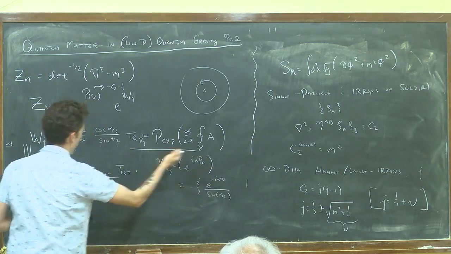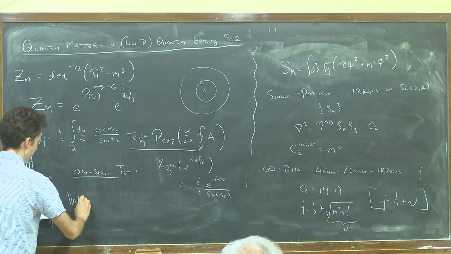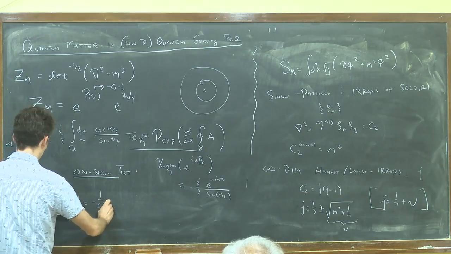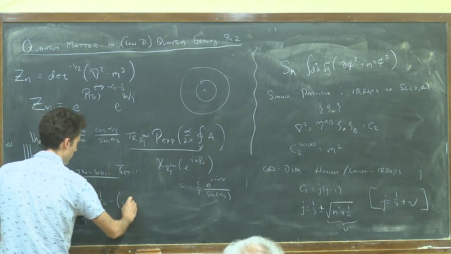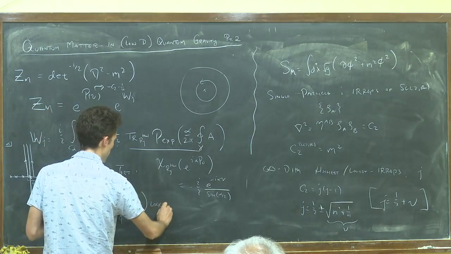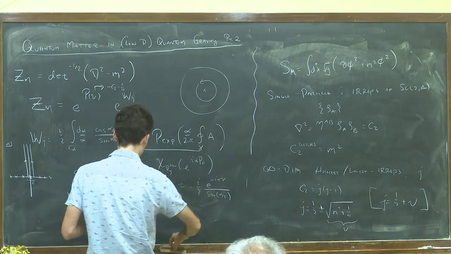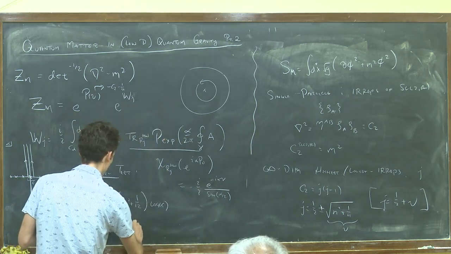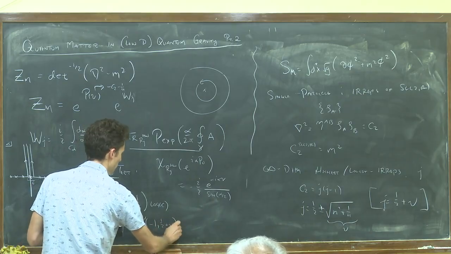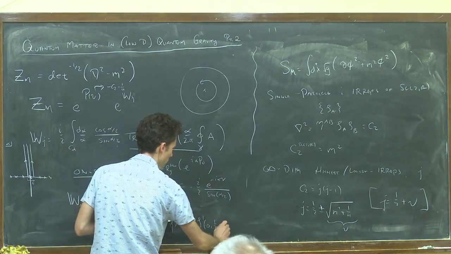This is some function of alpha, and there are various tricks for doing this integral. I will not bore you with the details, but it is in an appendix. And these are now Hurwitz zeta functions. Sorry, is the highest weight or lowest weight mu?